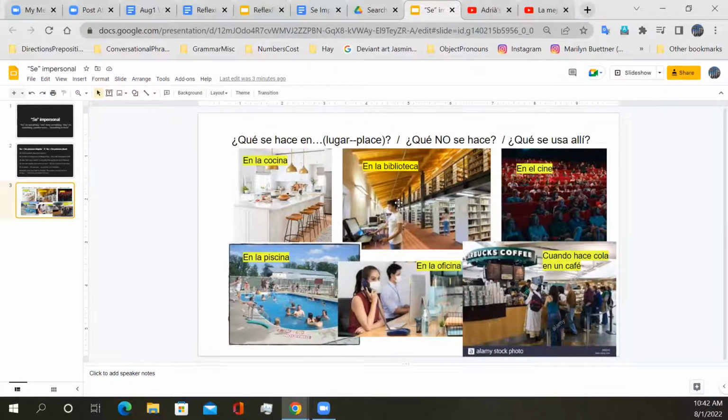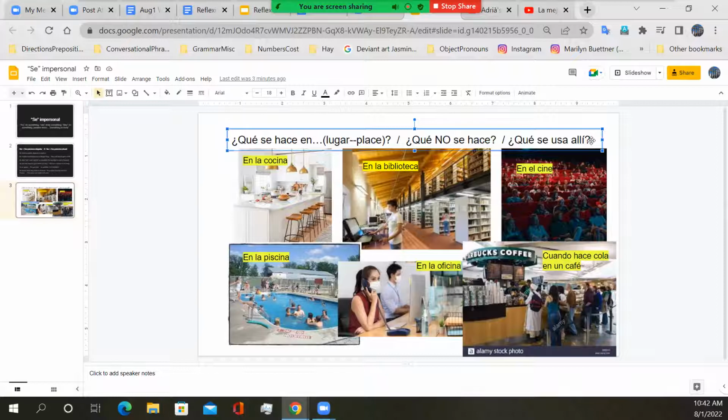It's verboten, to borrow a different language. You may also use the se to talk about what one uses. ¿Qué se usa allí? What do you use there? So there are a whole bunch of different things we can use with impersonal se.